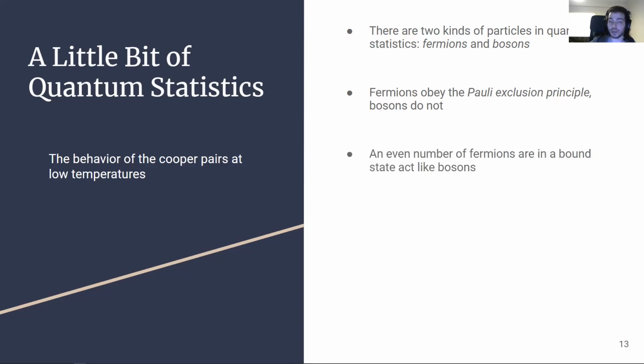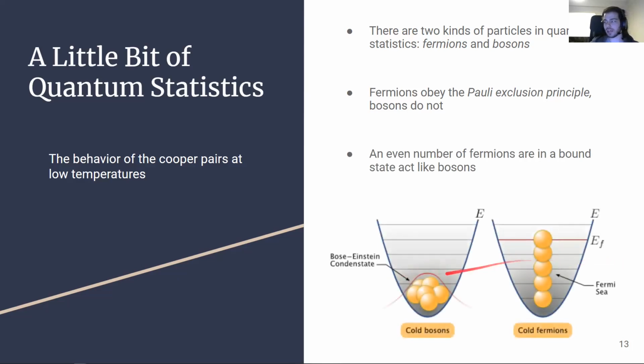And at low temperatures, due to bosons not caring about the Pauli exclusion principle, they will condense to the lowest possible energy, whereas the fermions, as we have seen in our lecture, will occupy these states up until they reach the Fermi energy. So they behave very, very differently at low temperatures.